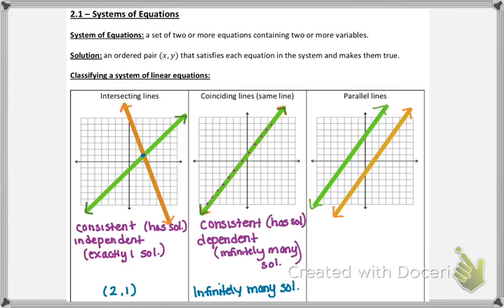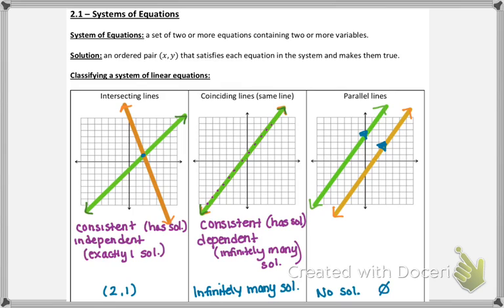And I'm just going to mark them as parallel, just like how we mark them in geometry. And so now if we think about the solution, if there are parallel lines, well then they never intersect, right? So in this case, there's no solution. The symbol for no solution is a little circle with a slash through it.